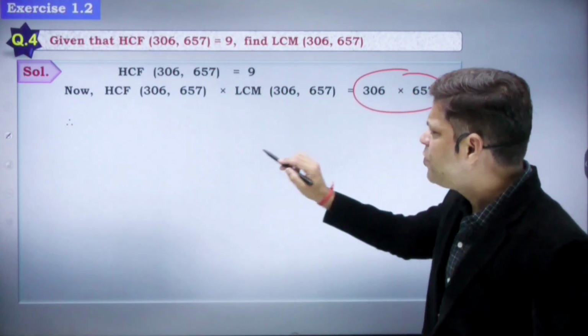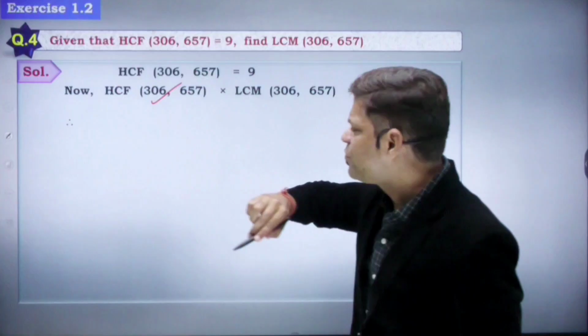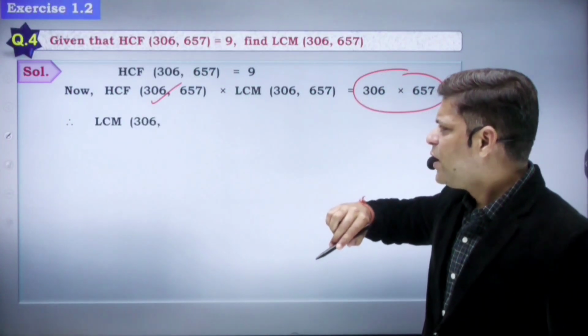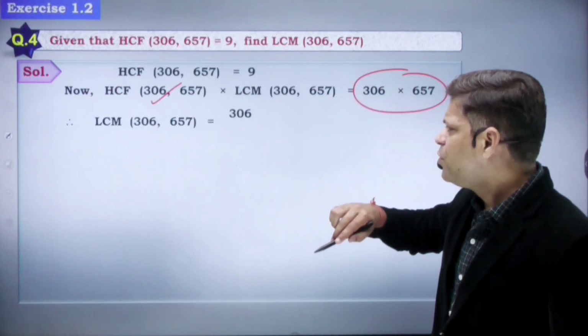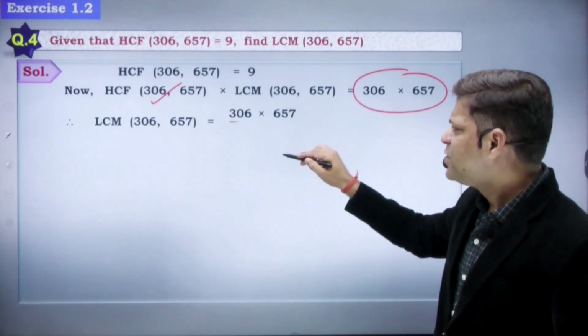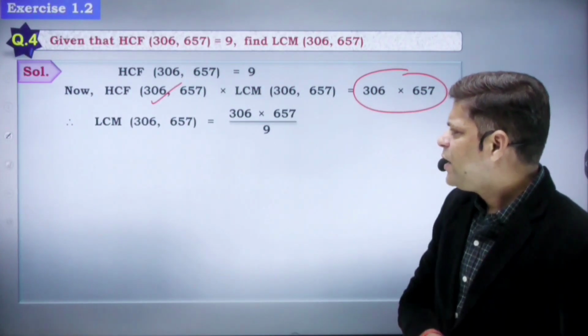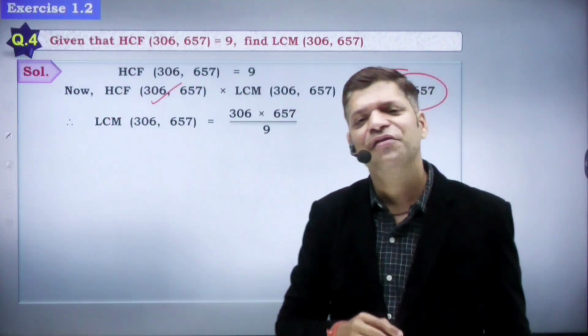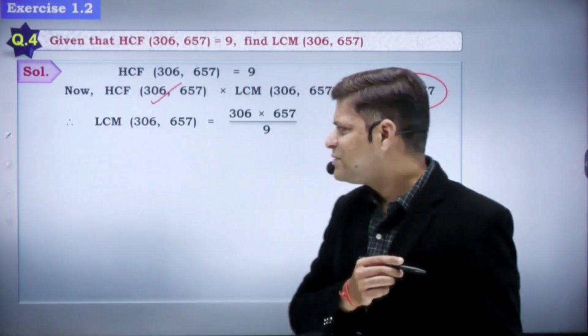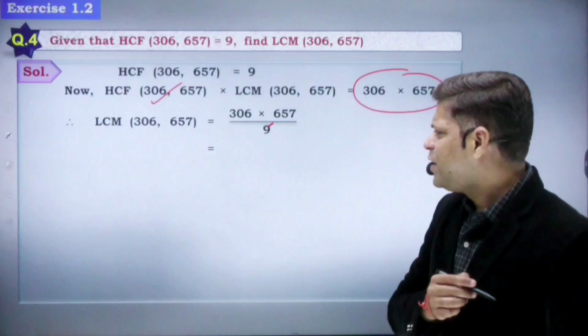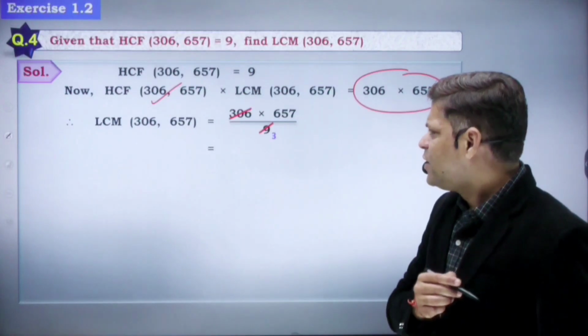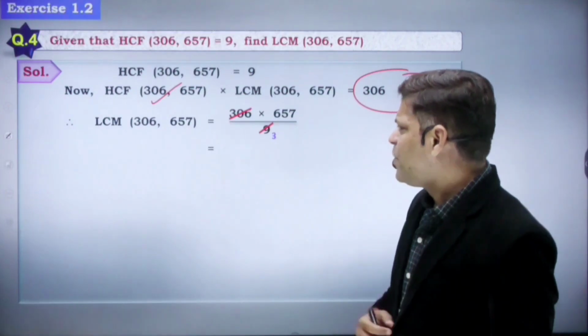Now what are we given? We are given the HCF. So LCM will be equal to the product of two numbers divided by 9, that is, the HCF of the two numbers, right? So now when we divide by 9, 306 cancels out by 9.